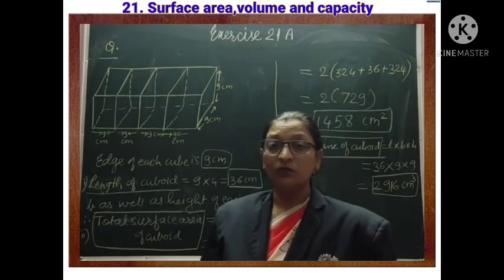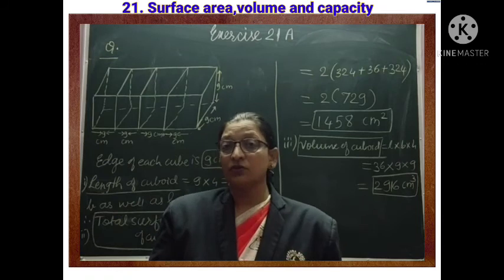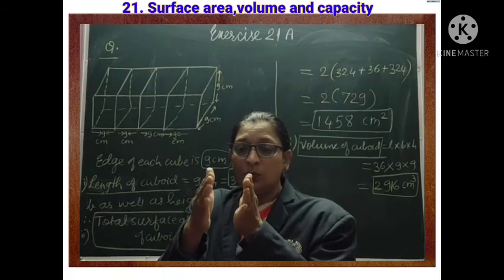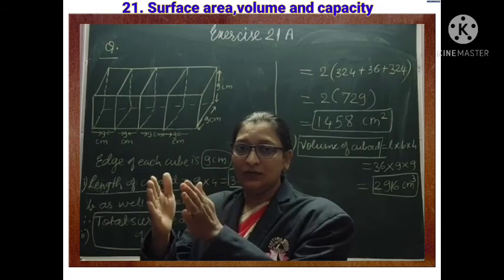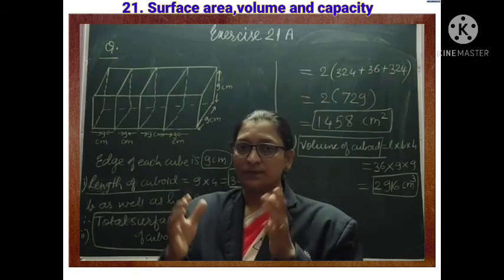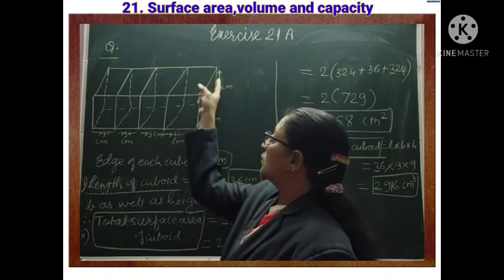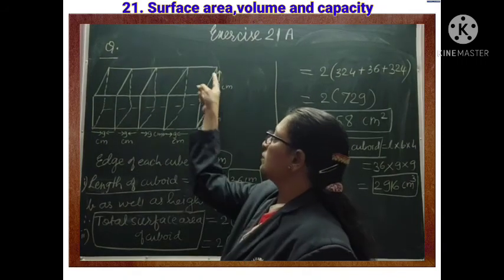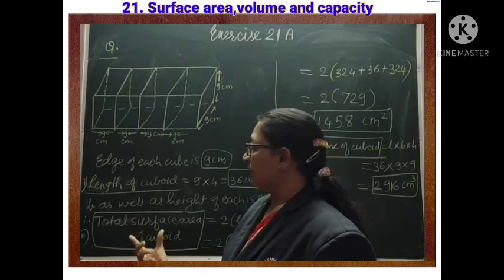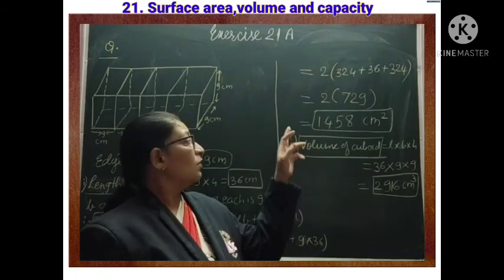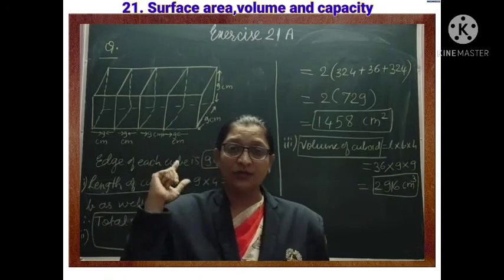We have to find out the length of the cuboid when the cubes are placed close to one another in the series. We have to find out the total surface area of this cuboid formed due to the placing of the cubes. Also, we have to find out the volume of this cuboid.